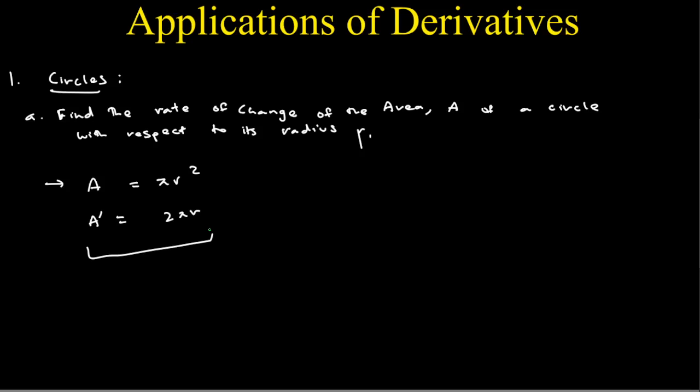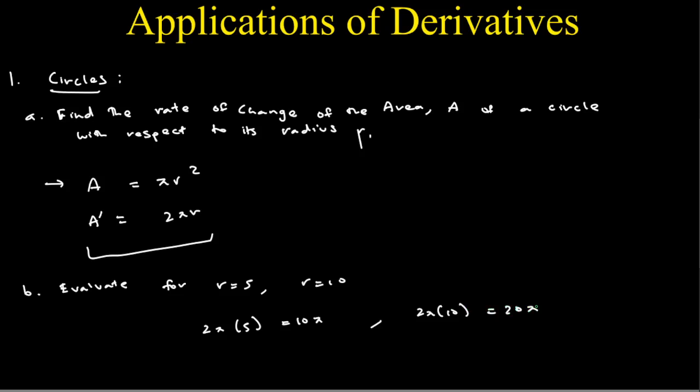So for example, this goes on to part B, evaluate this function for r equals 5 and r equals 10. If r equals 5, we get 10 pi, and r equals 10 is 2 pi times 10, which is equal to 20 pi.